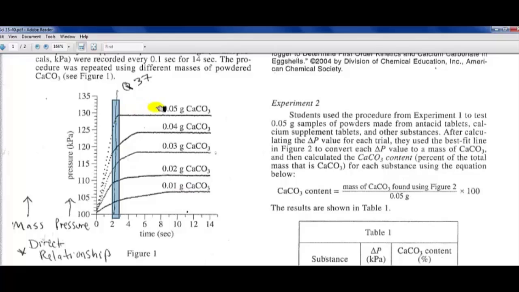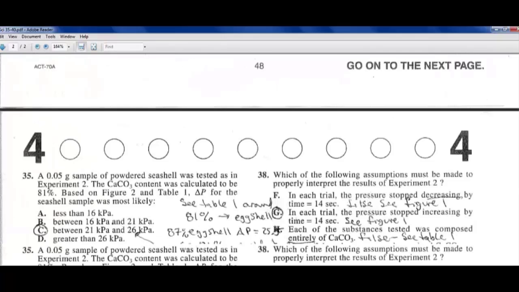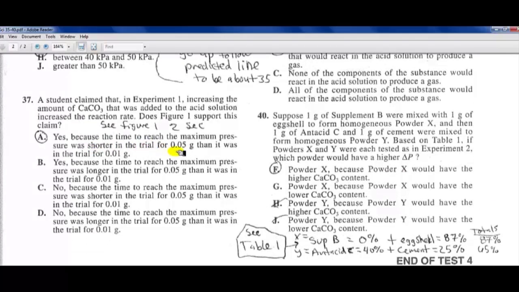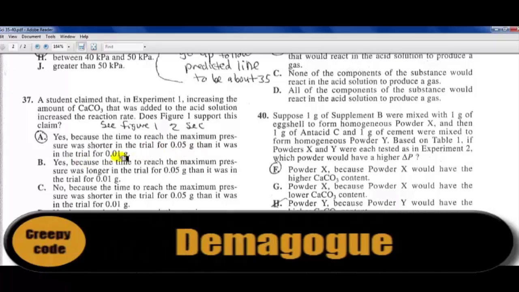Here it went up quick when the mass was at 0.05. So that is a true statement. Go back down there and take a look. The shorter time, 0.05 than it was in trial 1. That's true. Let's look at B and see why B is wrong.